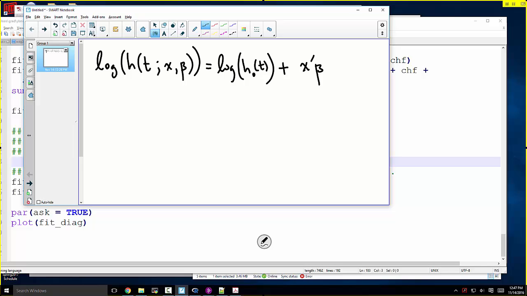So remember, the Cox proportional hazards assumption was that the hazard could be factored into a piece that depends on time but not the covariates. That's what we call the baseline hazard. And another piece that depends on the covariates but not the time. So for every covariate in there, let's say, I'll keep it as is, log baseline hazard plus, so we would have a beta 1 x1 and a beta 2 x2.